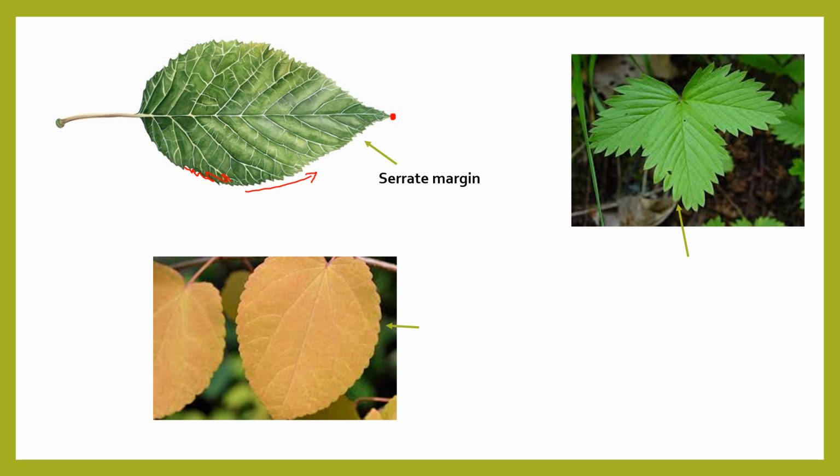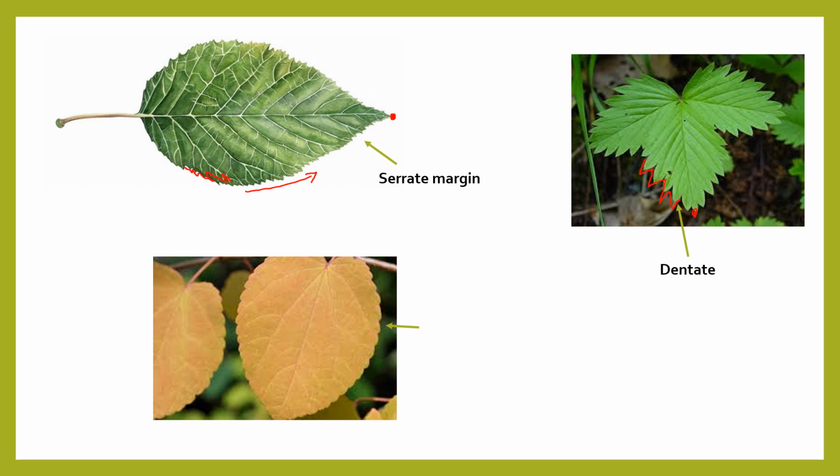And in this picture also, when you see the tooth point goes outward, and they are not directed to the apex of the leaf, you can say it's dentate margin.